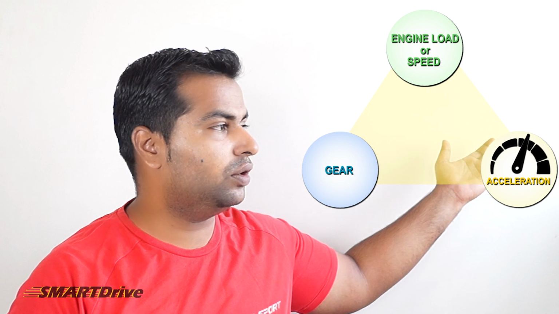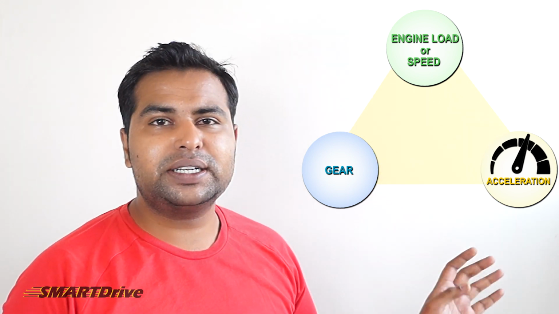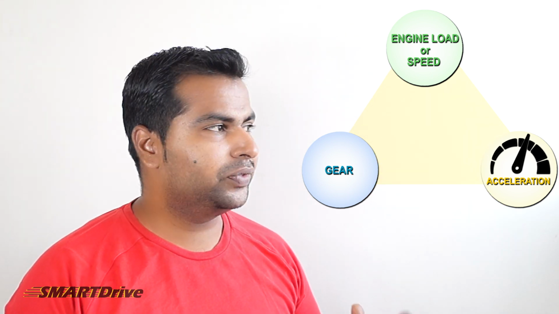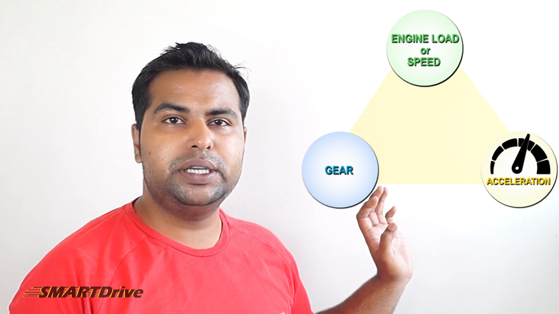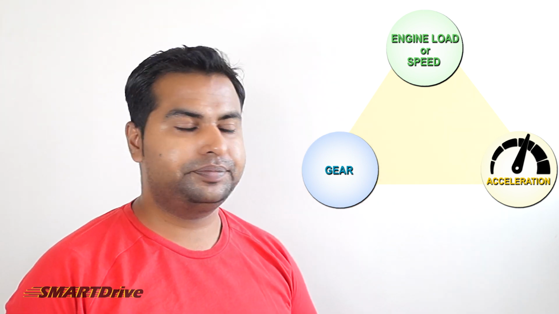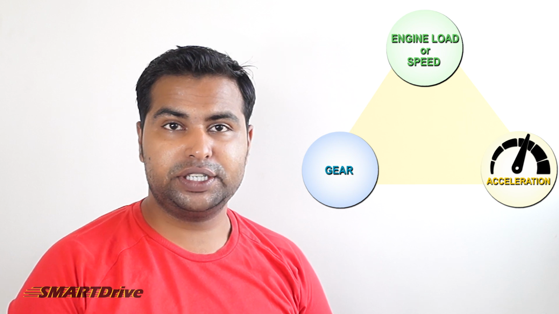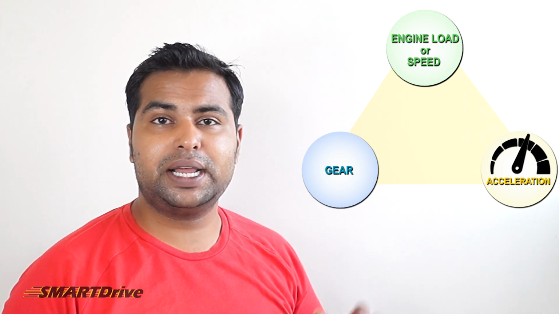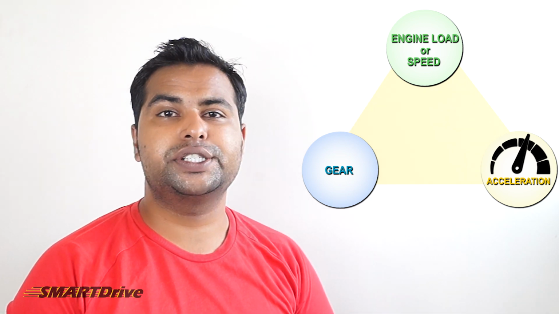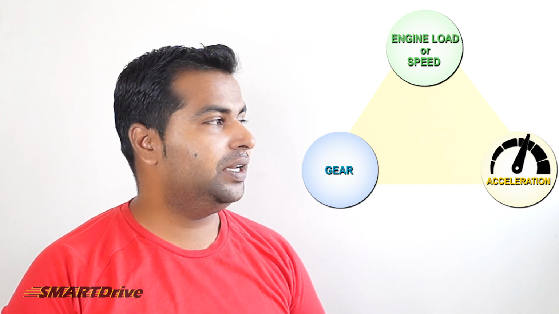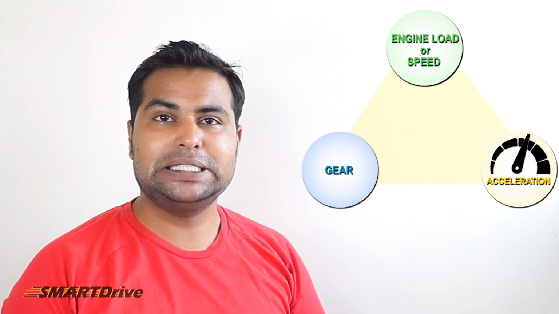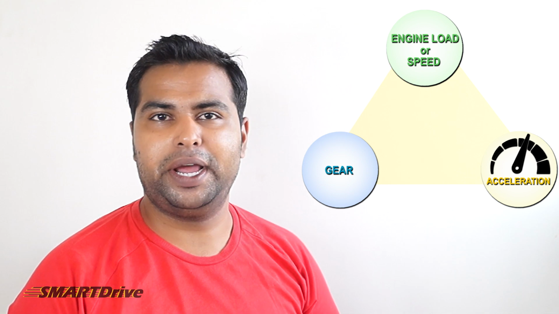But all these factors affect the mileage. So this triangle needs to be clear to you all. Independent of the car manufacturer or the car type, this triangle always works. So it definitely needs to be stabilized each and every time to have greater mileage.